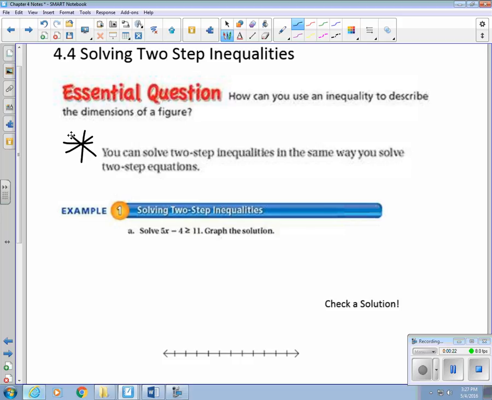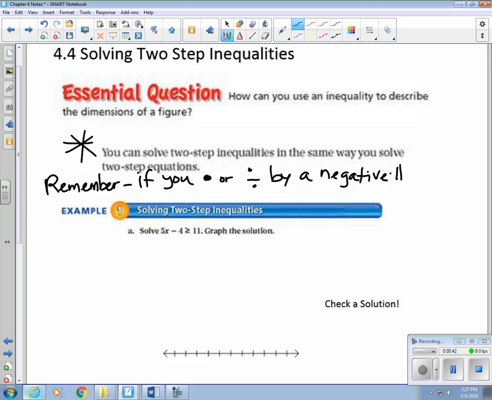One additional thing we have to remember. Now, write this down. You should write this as well. Don't forget, if you multiply or divide by a negative number to solve one of these inequalities, so let's put this up here.